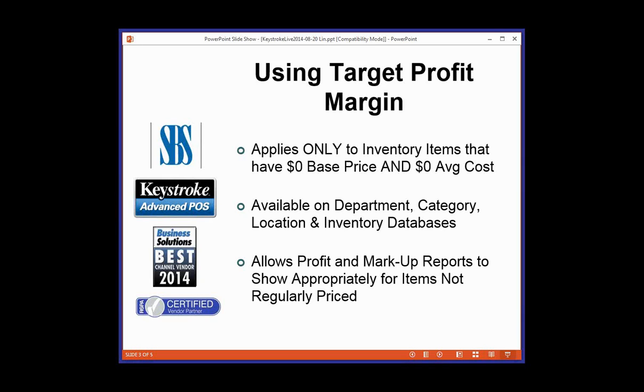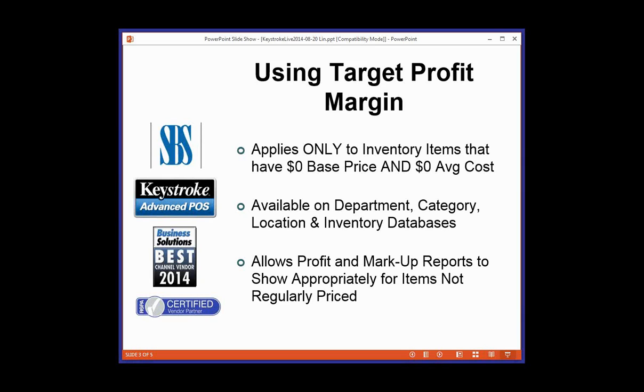Some examples of where you might use it: if you're a grocery store, you might have a miscellaneous produce button that you don't have a price set for, and the price just gets set at the point of sale.